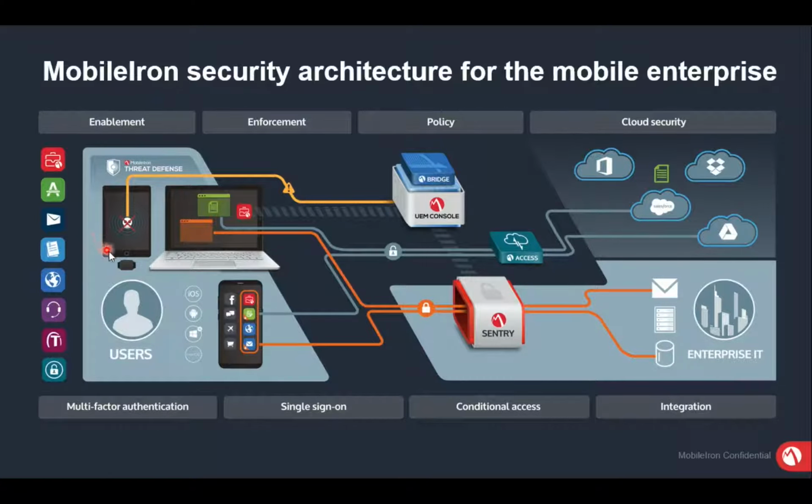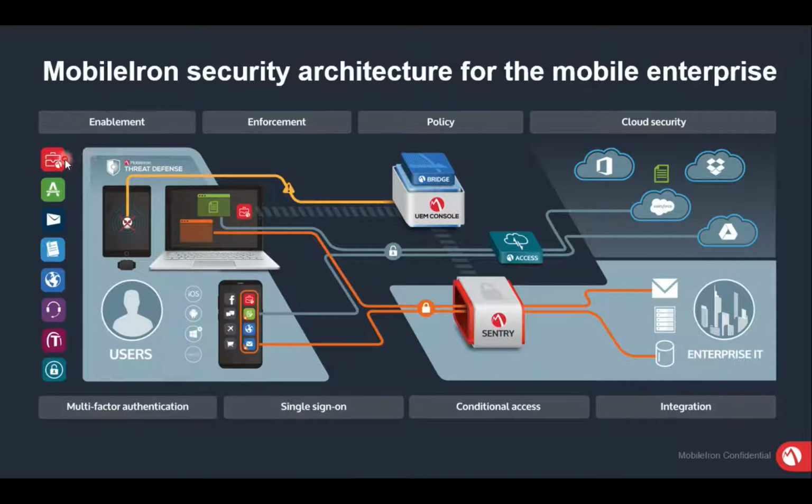And if you notice, there is MTD. MTD uses the same EMM console, and MTD also has a different console where you can manage policies and app analysis and everything. But the policies can still be managed from the EMM console. MobileIron is the only vendor who has integrated the same client for EMM as well as MTD.